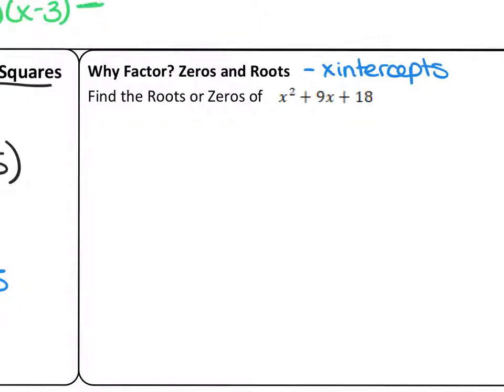So I'm going to go back to our example at the beginning. We've already seen this one and we already factored it in our second example. We factored it to be x plus 3, x plus 6. When we want to find the zeros or the roots, we've got to take it one step further.